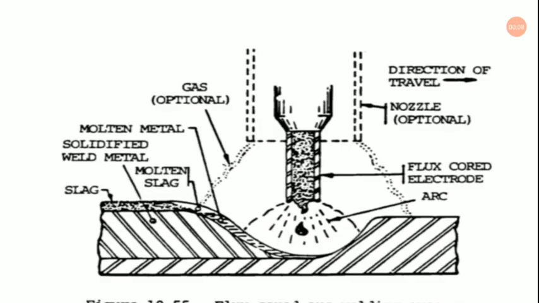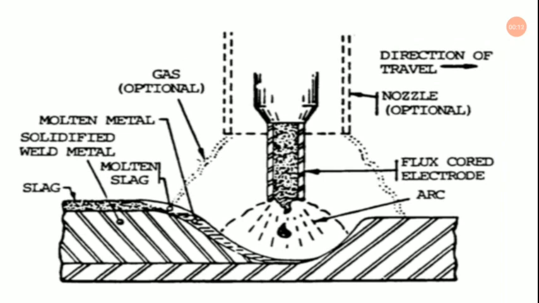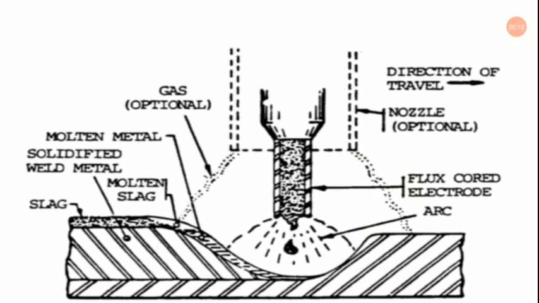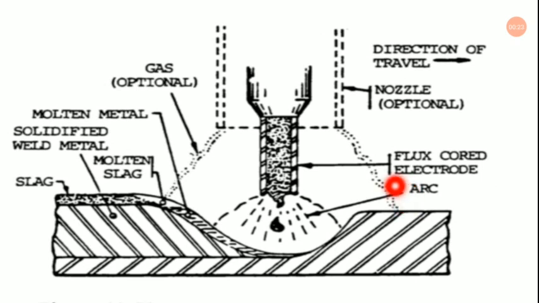This is a typical diagram you can see over here. This is the flux core type of arc welding process. Here you will find the flux core electrode. This flux core electrode is more or less similar to shielded metal arc welding, and generally you can say it is also a type of MIG welding.